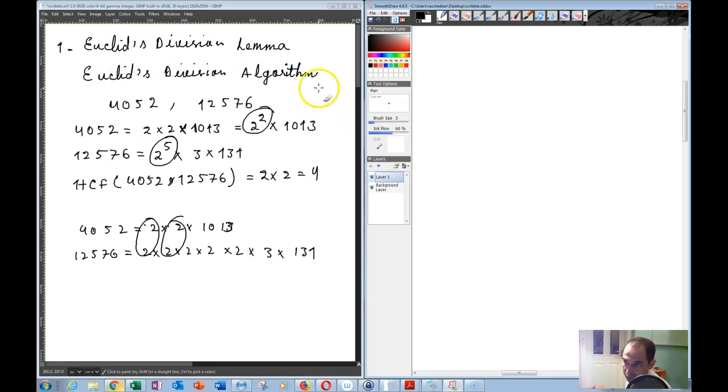So he had done all of this with actually nothing. He must have been pretty smart, right? What he has done is use Euclid's division lemma, which is basically the ordinary calculation of division, in order to figure out the HCF of two numbers.